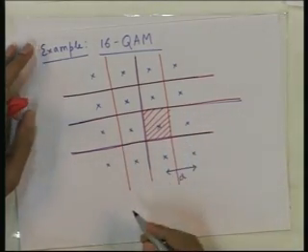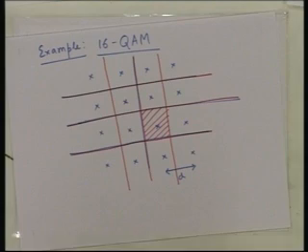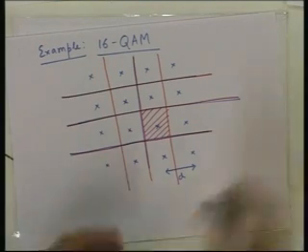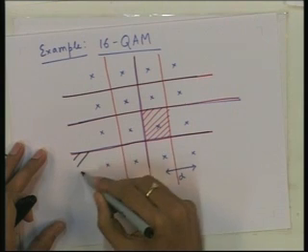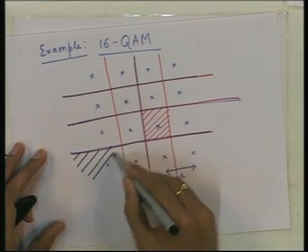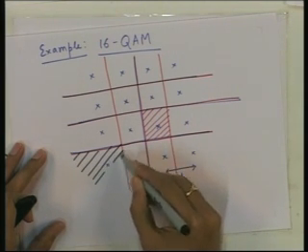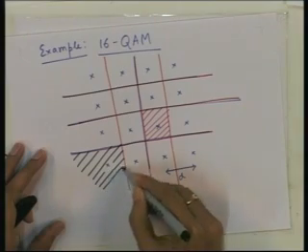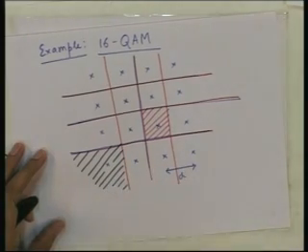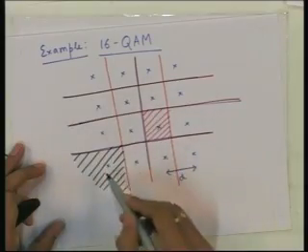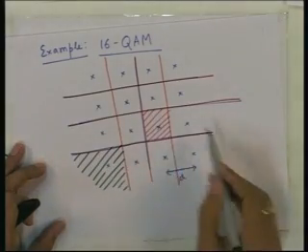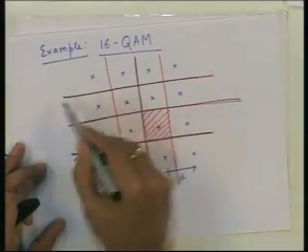And then we have a decision region of this type, and there are 4 such points for which the decision region has this shape.